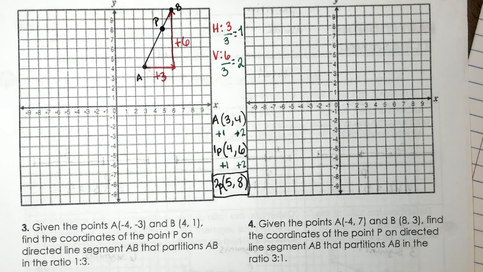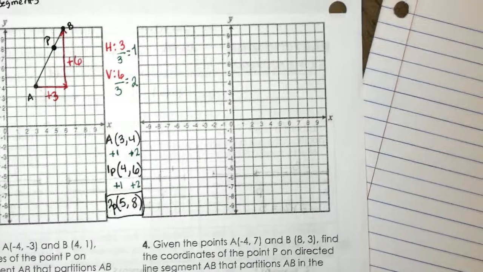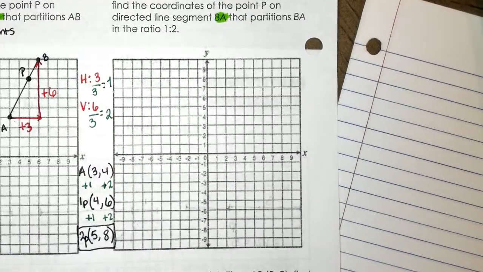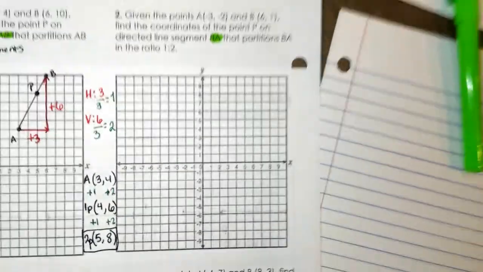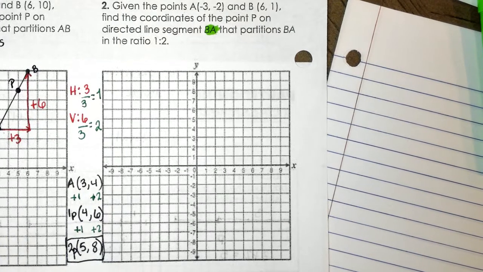Alright, moving on to my next one. I want to go B to A. On this one, it says given points A, -3, 2, and then 6, 1.